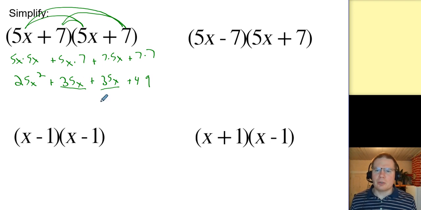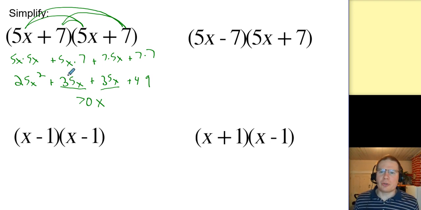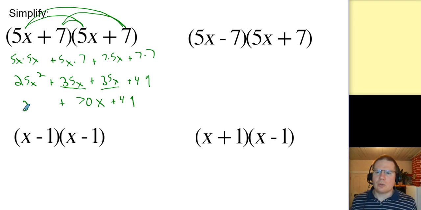I'm multiplying 35 times x for both of them, so x are my units here. 35 plus 35 is 70. Instead of 35 plus 35, I could just say double 35, you get 70. And then the 49 is there, and the 25x squared is there.